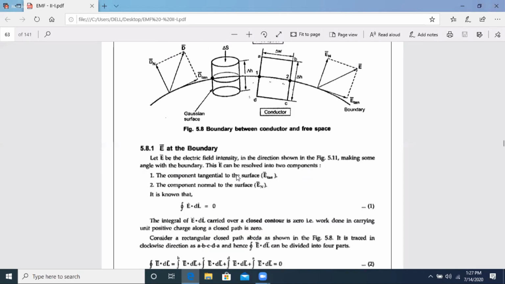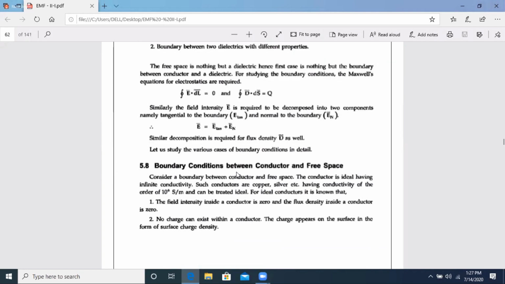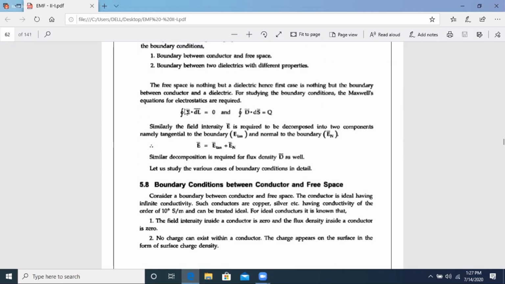We know that the integral of E dot dl is equal to 0.